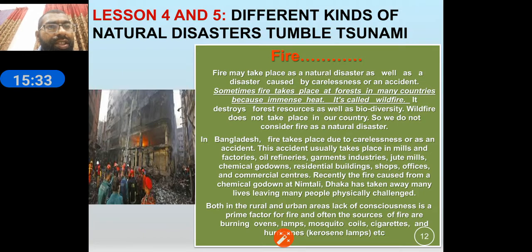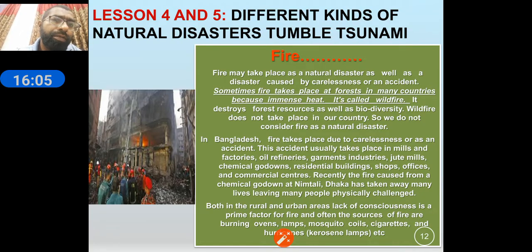So in Bangladesh, we can still remember the Nimtoli fire incident where thousands of people were affected. Generally the causes of fire in our country are electric short circuits, lamps, ovens, mosquito coils, cigarettes, and hurricanes.